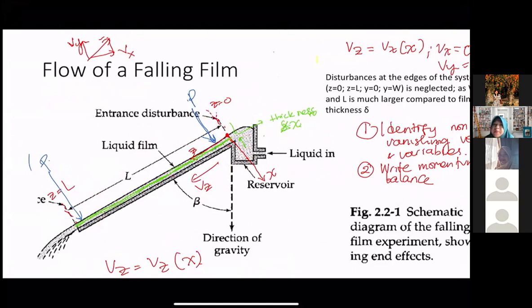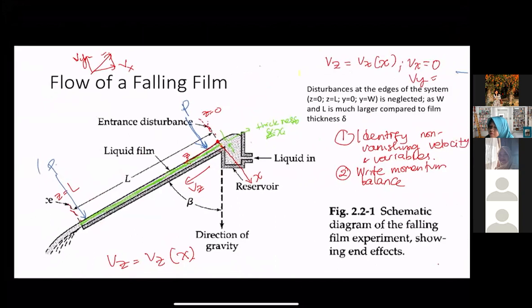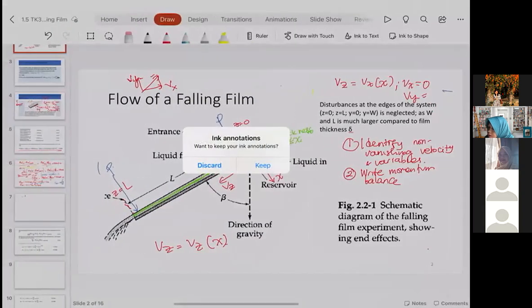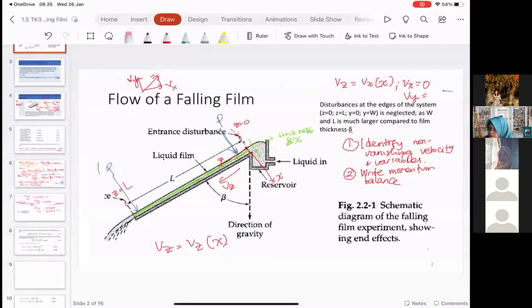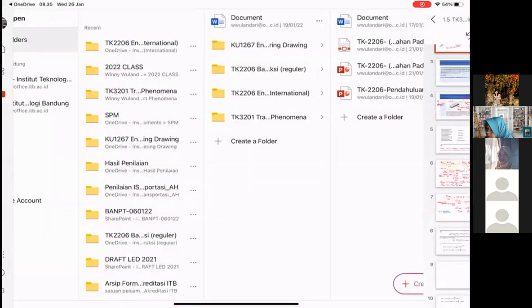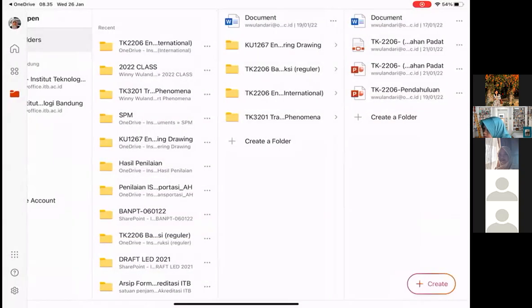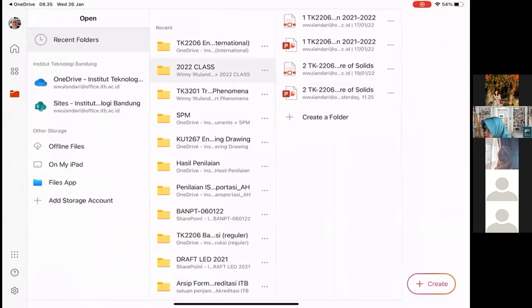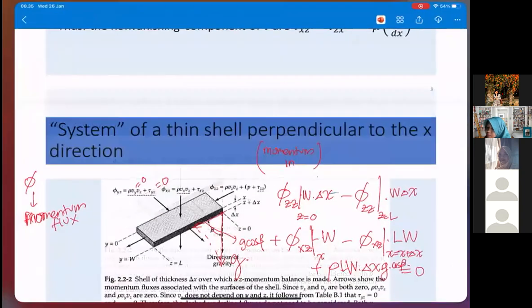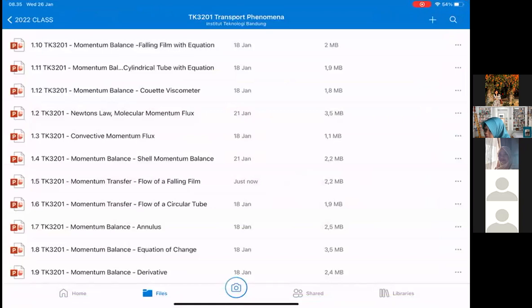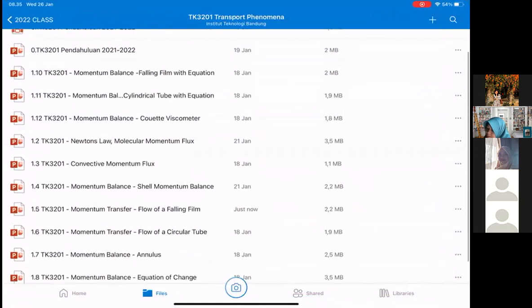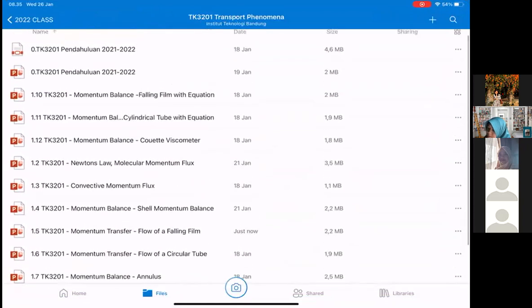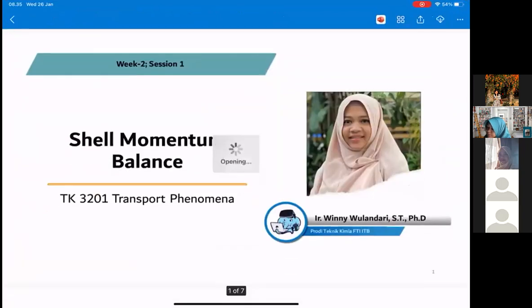Okay, in the previous slide, or maybe it's better if I just close this and have a look at the previous slide. Where is it? Oh, this one.